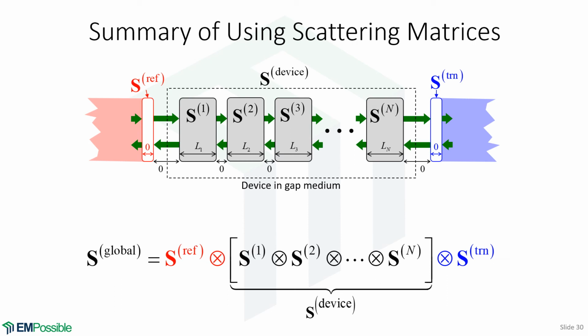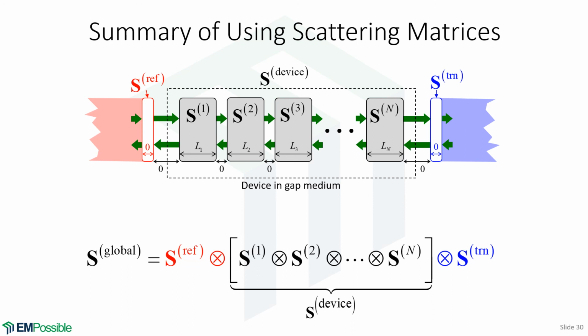So here's a summary of everything. The first thing we'll do is step through the device, however many layers that would be. That's our device scattering matrix. The problem here is that now we have our device residing in whatever gap medium we chose, which may not be the actual medium that's outside the device. Now, if it was, we're done. The global scattering matrix and device scattering matrix are the same thing, so maybe that's a convenient choice for you.